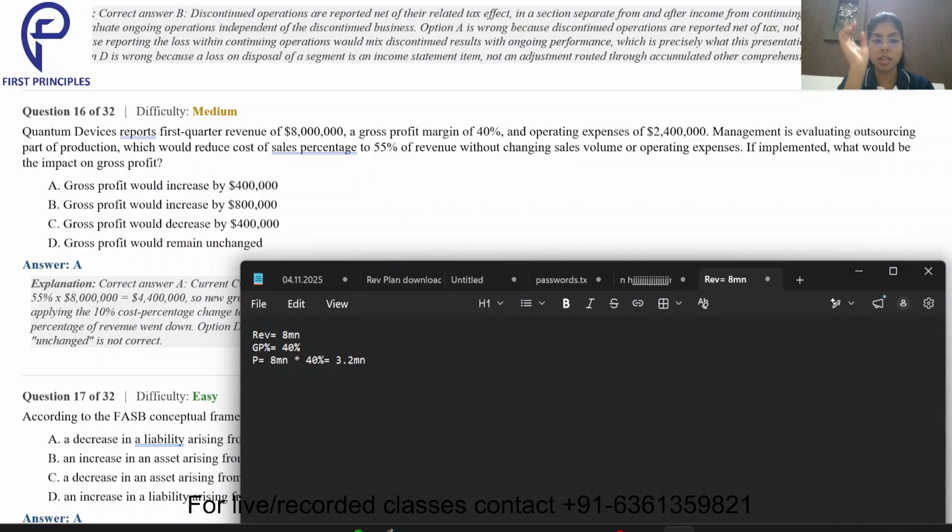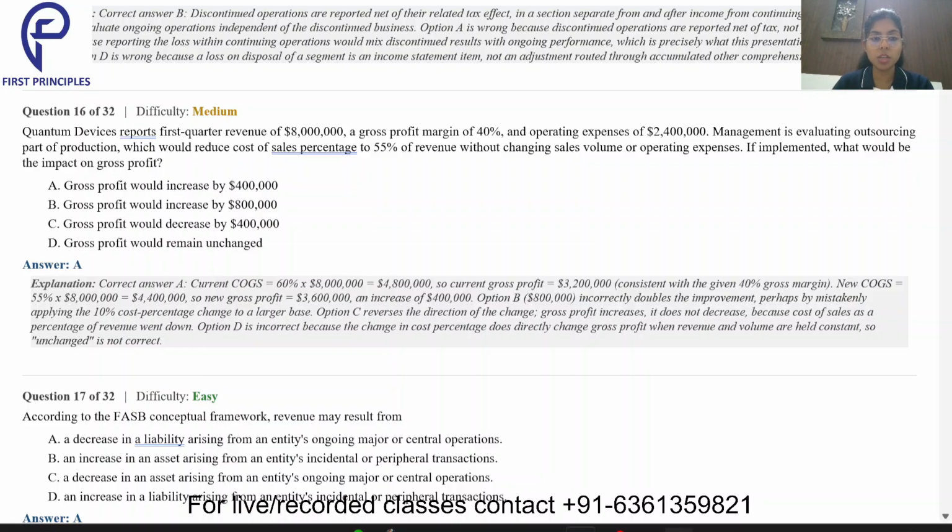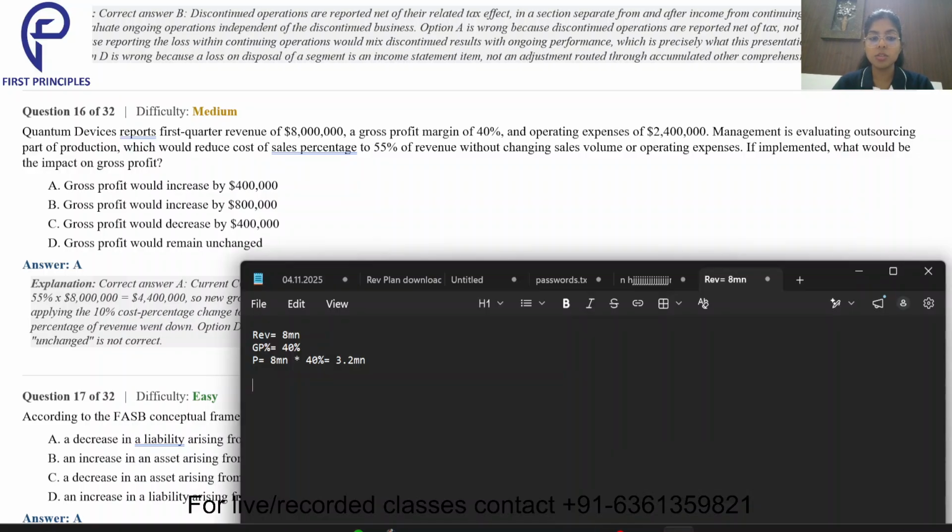The question is talking about management evaluating outsourcing, which would reduce the cost of sales percentage to 55% of revenue. So from revenue, when we reduce the cost of sales, we get the gross profit.